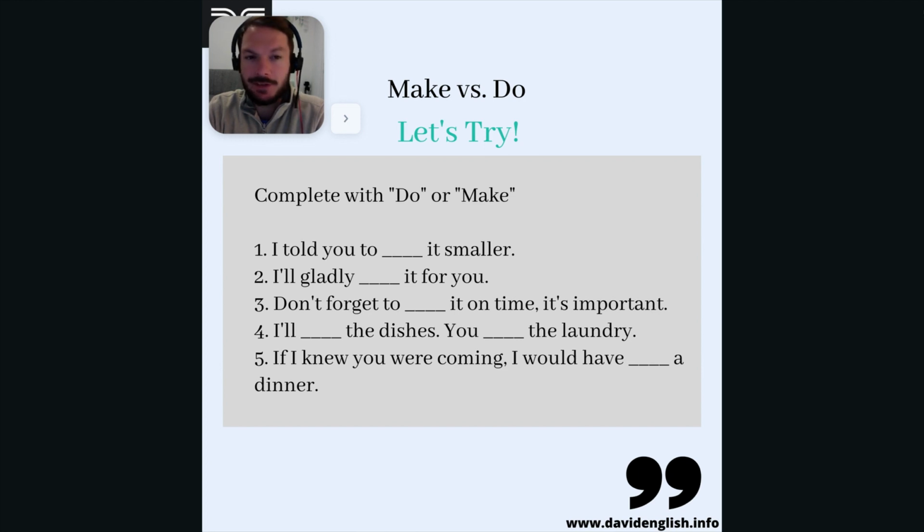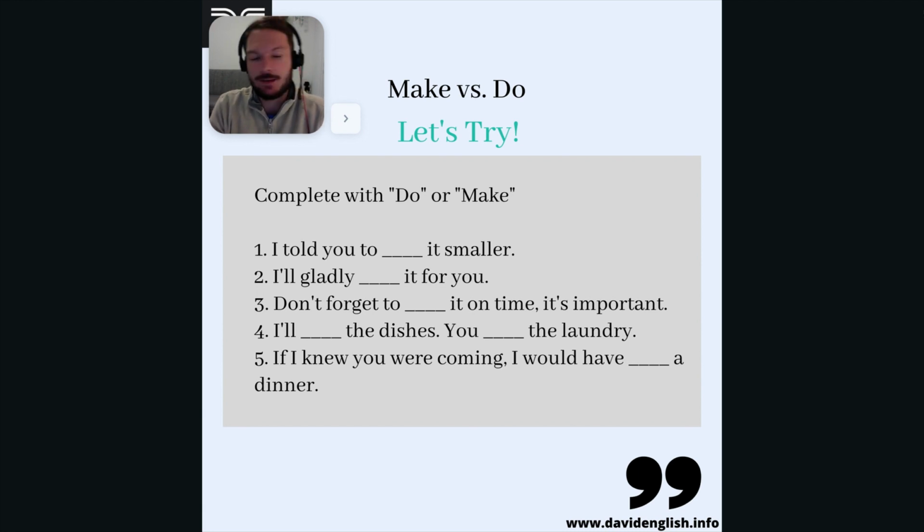I'll do the dishes, you do the laundry. Why? Because it's like an errand or a house task that you must do. You're not making those things, you're not producing, building, or constructing those things.